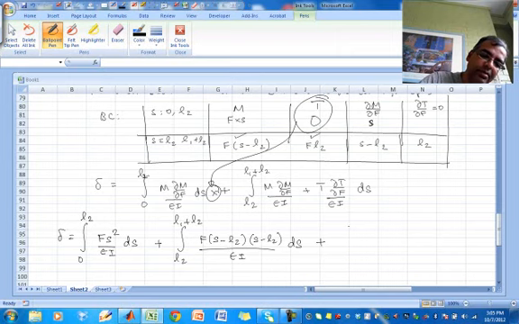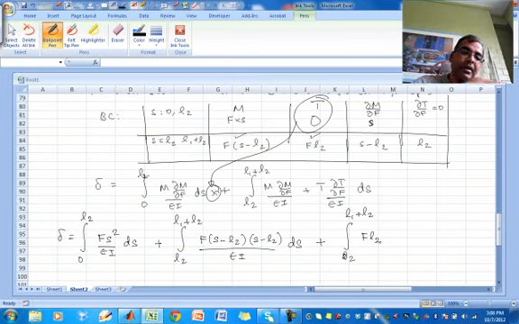ds plus integral L2 to L1 plus L2, T is FL2, dt df is L2, so FL2 squared over EI ds.